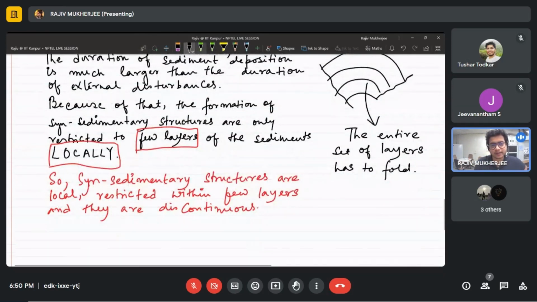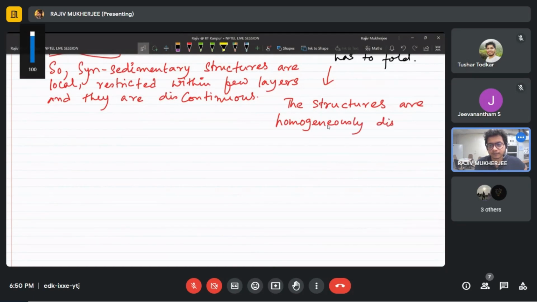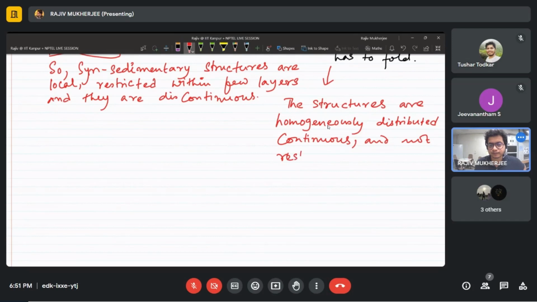So in case of tectonic deformation, the structures are homogeneously distributed, continuous, and not restricted to a single layer.